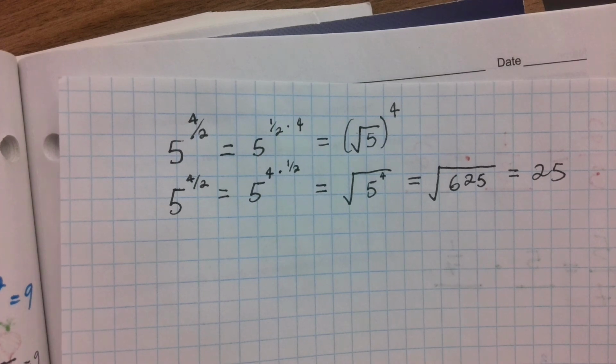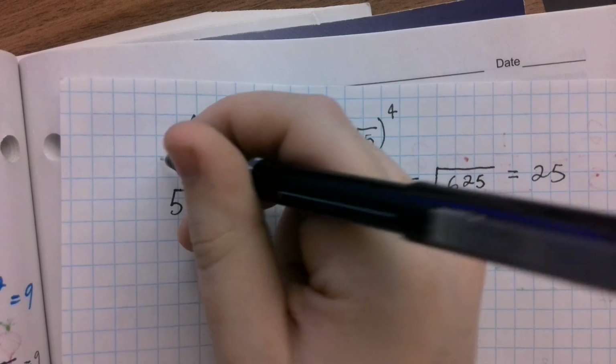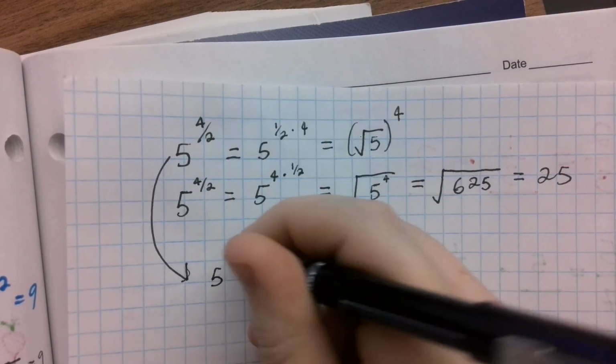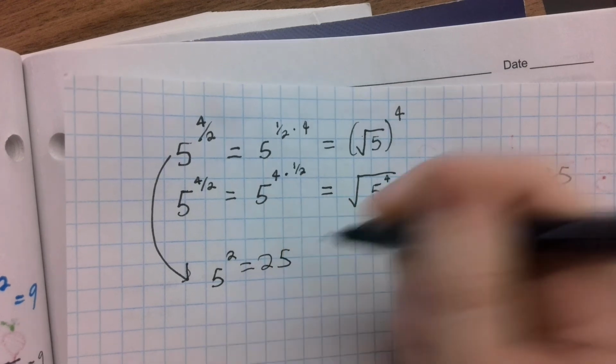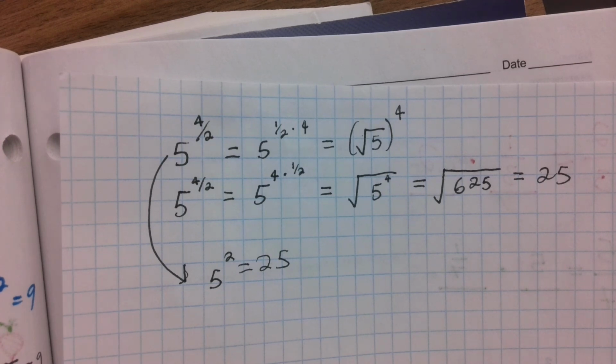Of course, this problem is a lot easier when you consider that 4 over 2 can be rewritten as just 2. 4 divided by 2 is 2. So if you can simplify your fractions, it makes it a heck of a lot easier. But I just wanted to demonstrate that you can do it either way. It depends on what's easier for you.